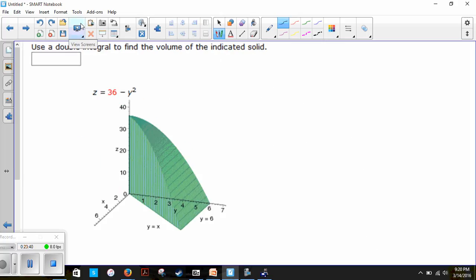Let's look at another one. I got 36 minus y squared. So, of course, he's going to go on the inside. And I have these two. Now this one's a little different because my x isn't stopping, like it's not going from 0 to 5.